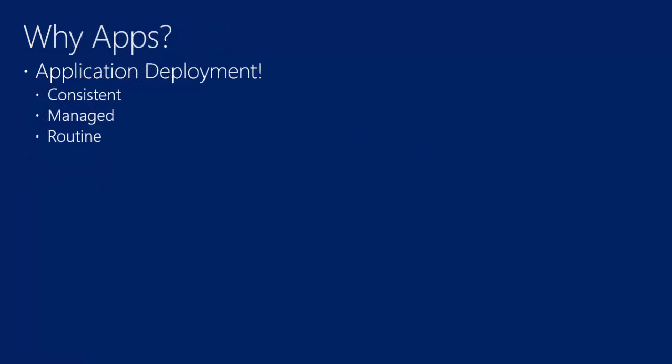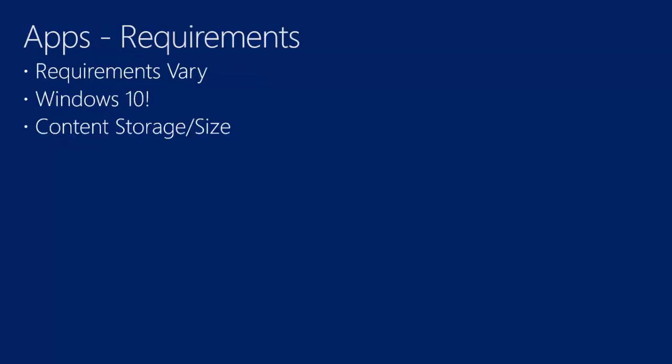Well, again, this should be fairly familiar to those that are watching this video, but having the ability to consistently deploy an application across your network, having that application be managed, having it be a routine thing that you deploy across your network, absolutely.